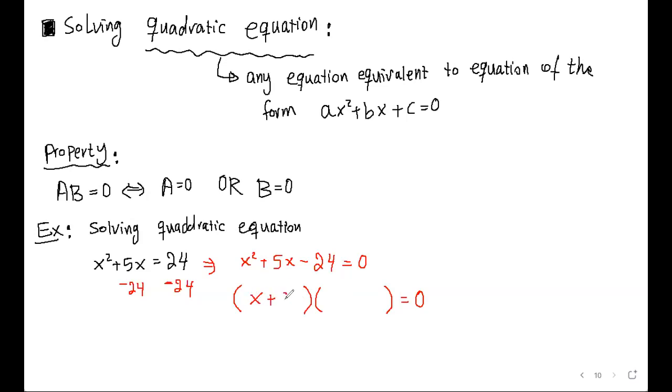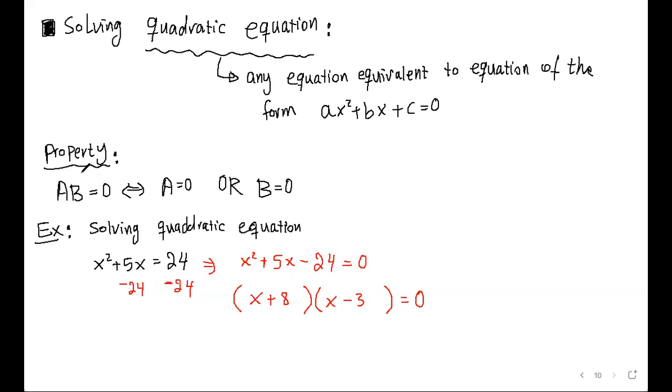You get x plus 8 and x minus 3. So 8 times minus 3 gives me minus 24, and 8 plus negative 3 gives me positive 5, the middle coefficient. So this is the factor for this quadratic equation.